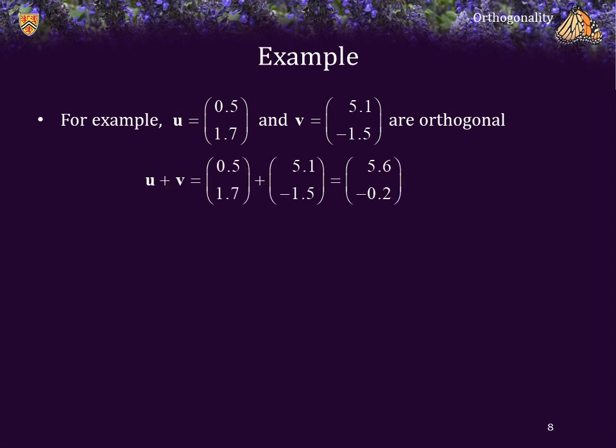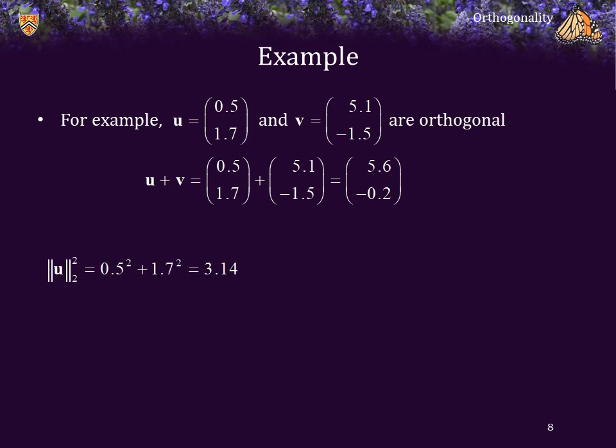The sum of these two vectors is the vector (5.6, -0.2). Now, the first vector is not trivial, and that second vector looks very close to (5.1, -1.5). So, is it true that the 2 norm squared of u and the 2 norm squared of v add together to give you the 2 norm squared of u plus v?